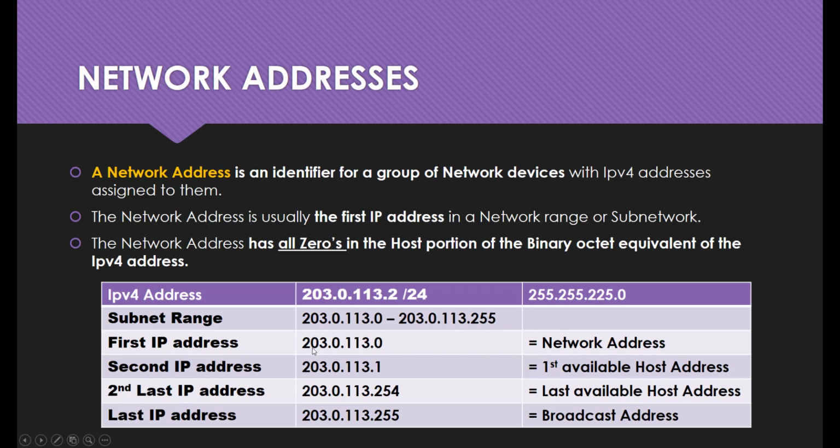So the first IP address we can see is 203.0.113.0, and because of the definition we gave up here, we said the network address is usually the first IP address in a network range or subnetwork, and that's why, because 0 is the first IP address, it is usually the network address. But we also stated that the network address has all zeros in the host portion. So let's see how that plays out.